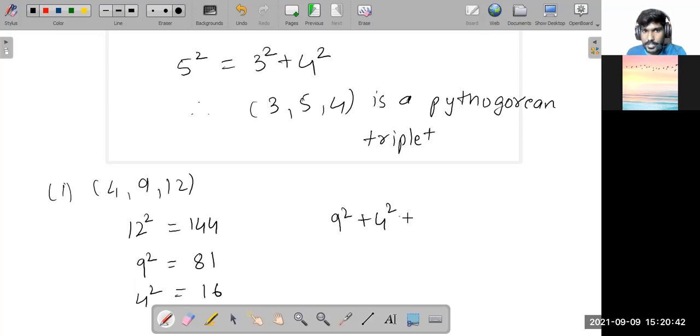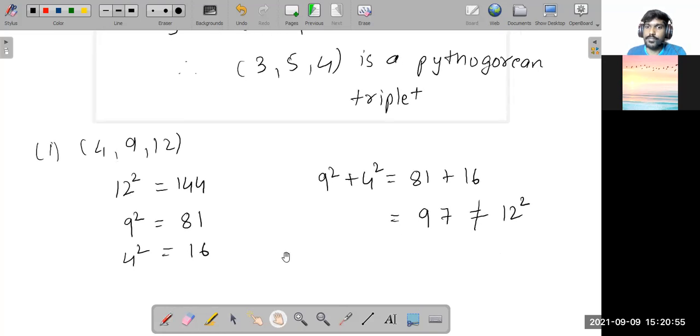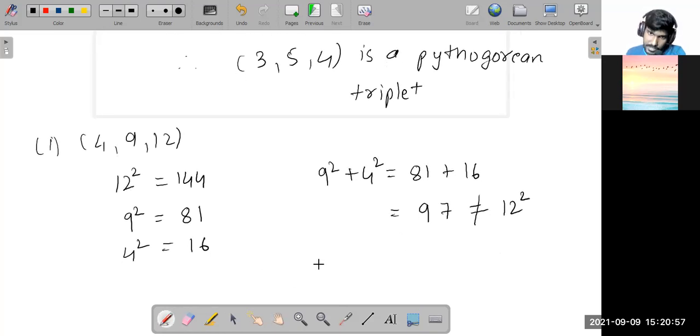What are you getting? This is 81 plus 16, so it is 97, which is not equal to 12 square, because 12 square is 144. So you can say that 4, 9, and 12 is not a Pythagorean triplet.